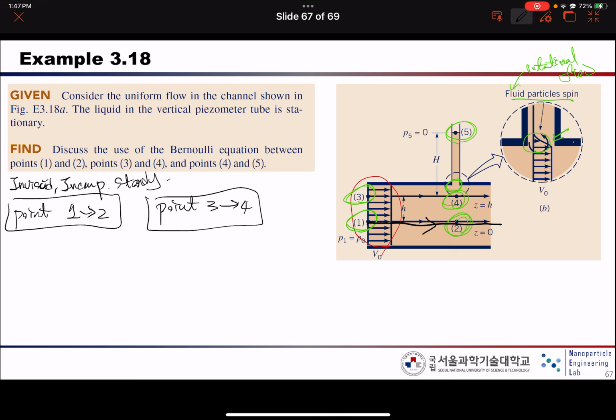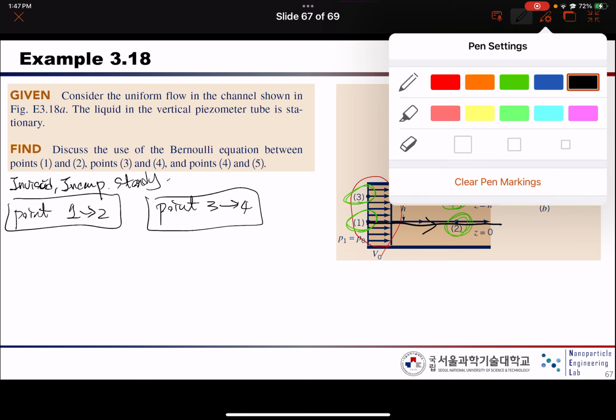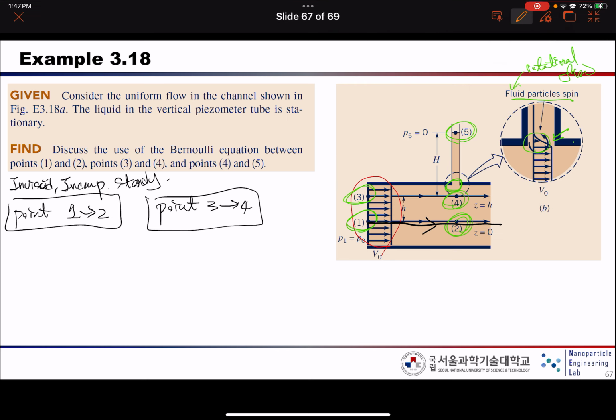But here you should also know that for the Bernoulli equation, points 1 and 2 and 3, 4, it will be across the streamline concept, right?